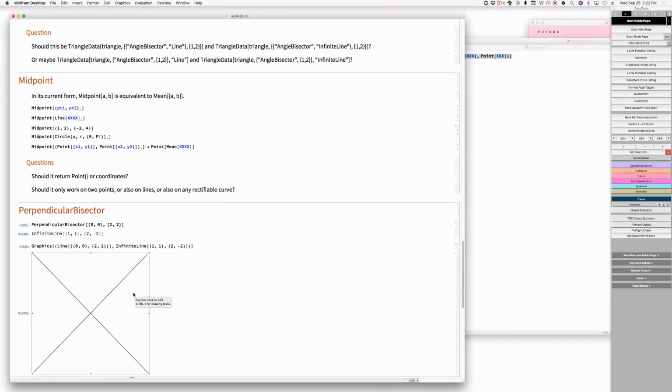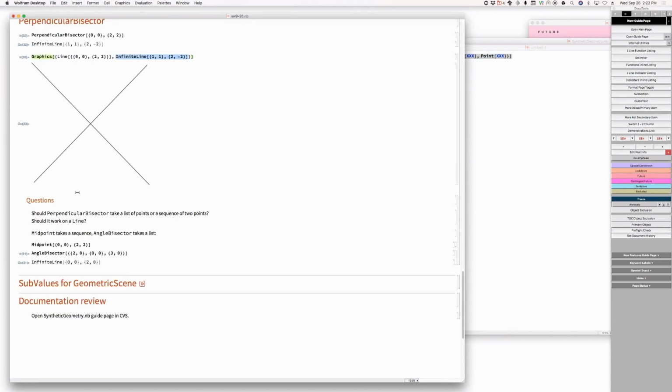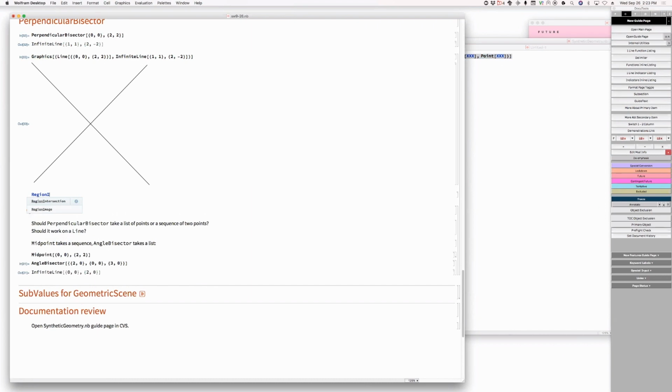Okay. But now, so what you're telling me is that if I say region intersection of that infinite line with a triangle, let's see, is it like this? No, it's just 1, 1, 1.